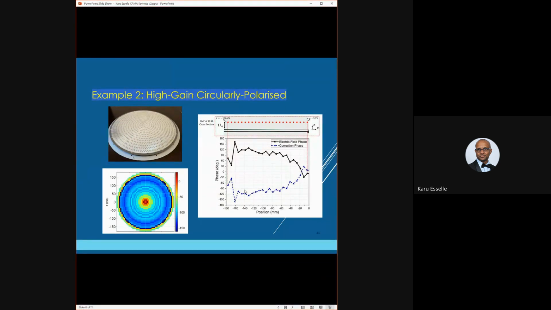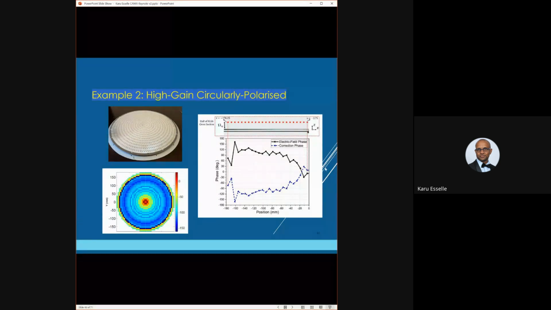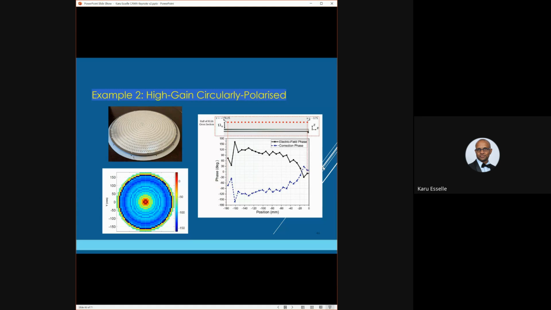Therefore, the correction phase should be the opposite of that, right? We need to add the negative of that, and that is the correction phase we need to add from the phase correction surface to correct this and make the total phase 0 before steering. And that's what we did with the first phase correction surface.